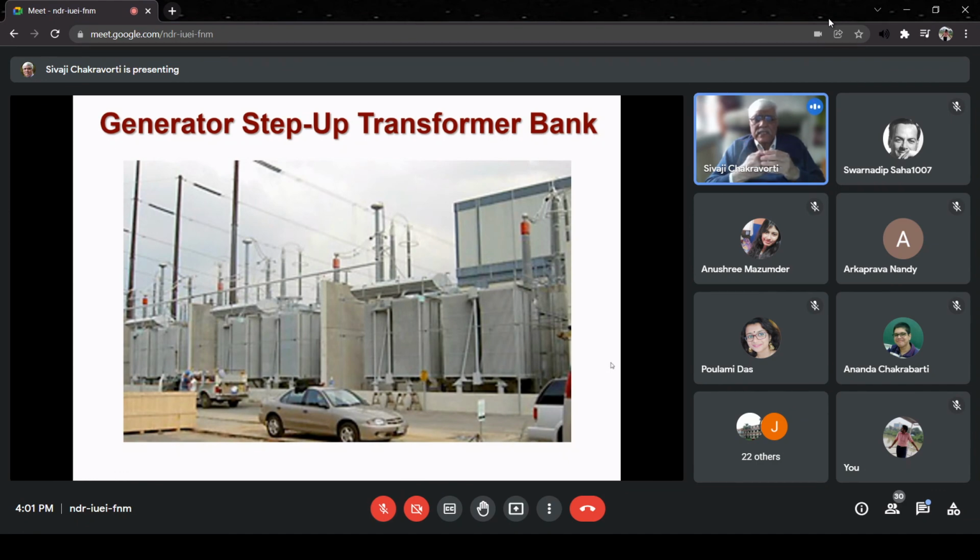In India, the highest generating unit as far as megawatt is concerned, I don't know whether you know it or not. We have something called subcritical thermal power units. The subcritical thermal power units typically are of the rating 210 megawatt.